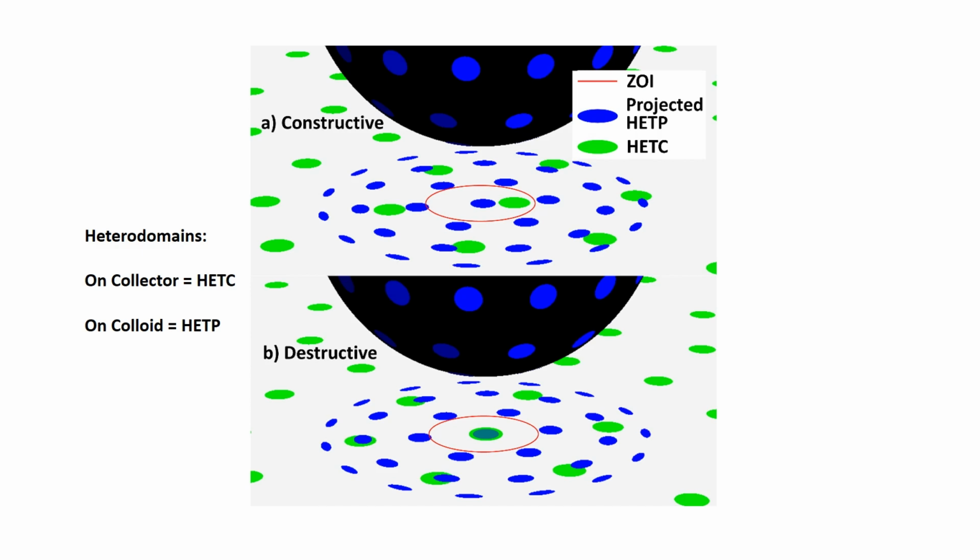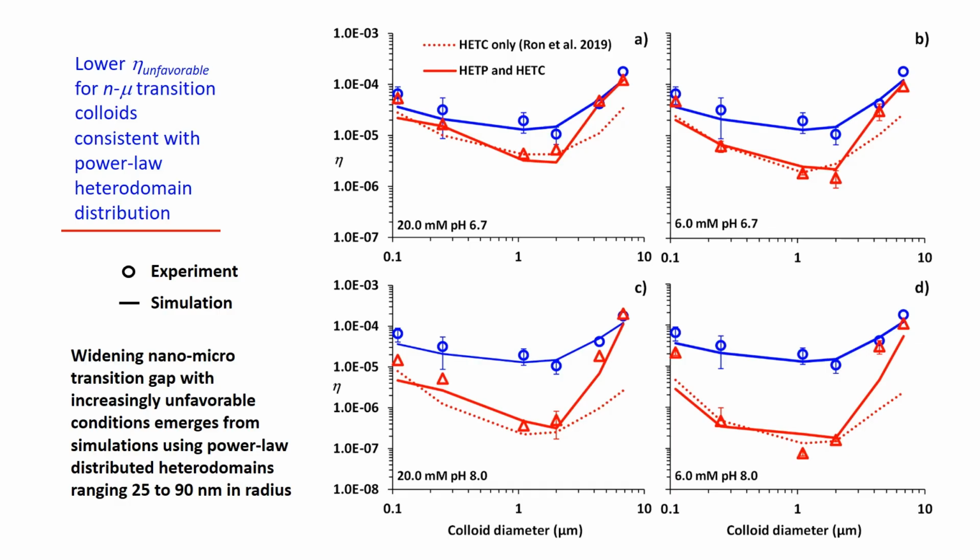We've also learned that if we're going to ascribe heterogeneity to surfaces, we have to examine it on both surfaces, not just on the collector or grain surface, but also on the colloid. And so this schematic shows how we project colloid heterogeneity down onto a surface to see whether it falls in a zone of interaction, shown by the red circle, and to see whether it interacts constructively, that is, complementarily, to the heterodomains on the collector, or whether they in fact superimpose and therefore cancel one another in a destructive interaction.